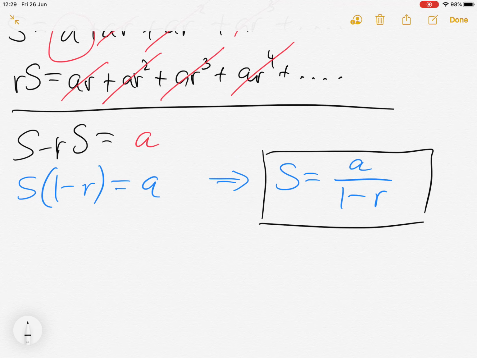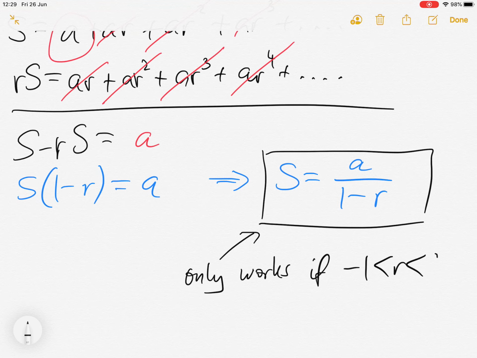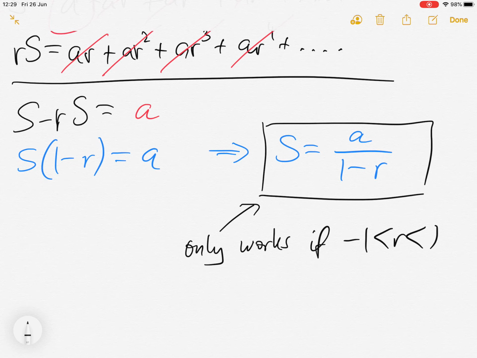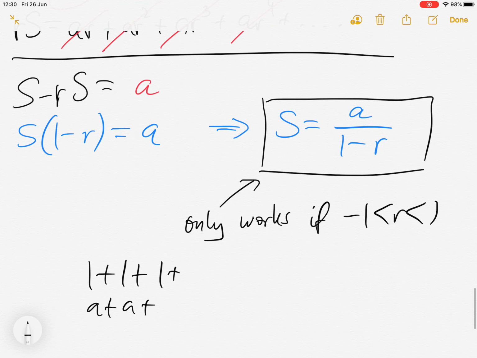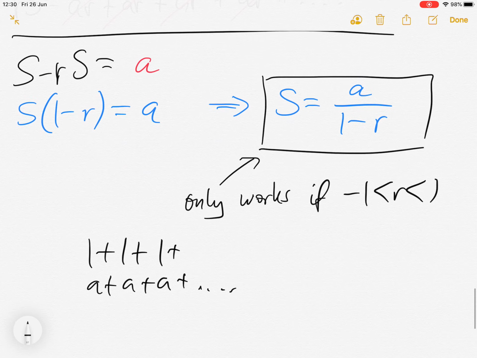However, a warning about this is, this only works for certain values of r. It works if r is between -1 and 1. Obviously, if r is 1, you can't divide by 0, and if r is 1, you have something like a plus a plus a, which obviously does not converge to a finite number.